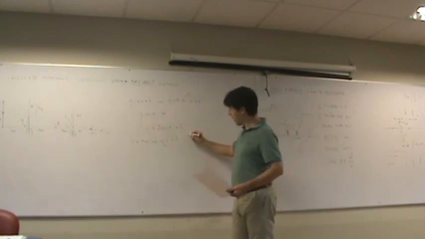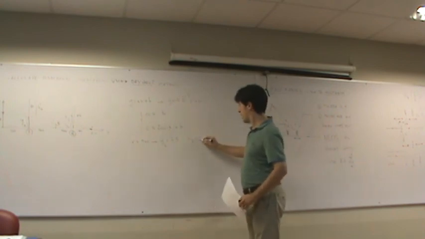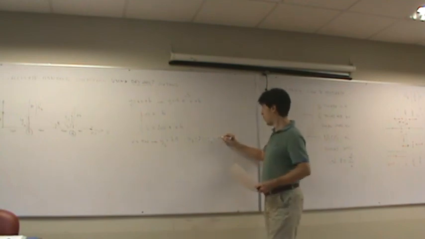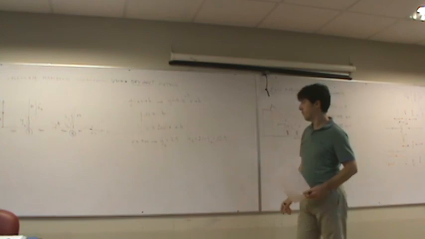This means that h1 is 20 minus epsilon 1, 12.5.